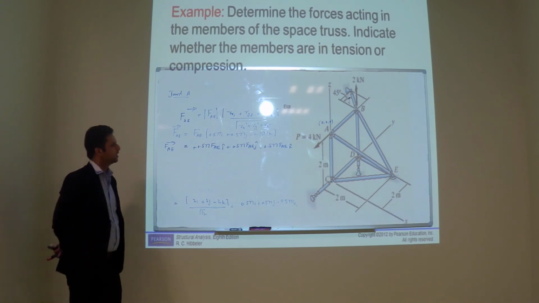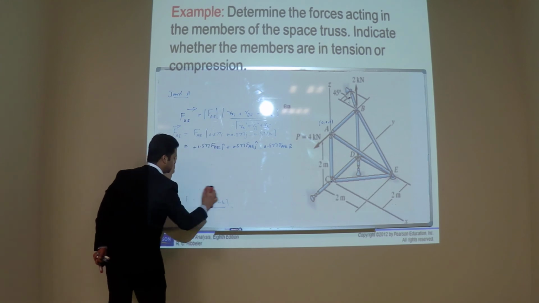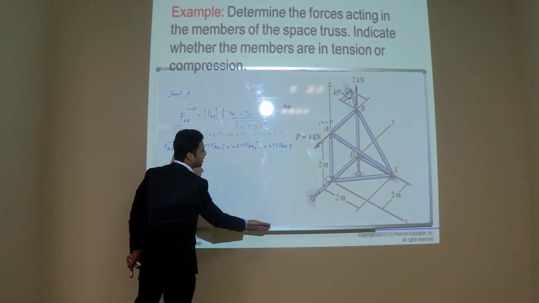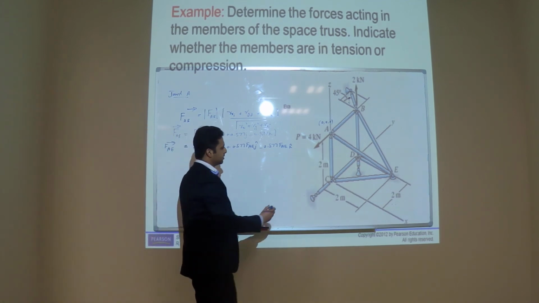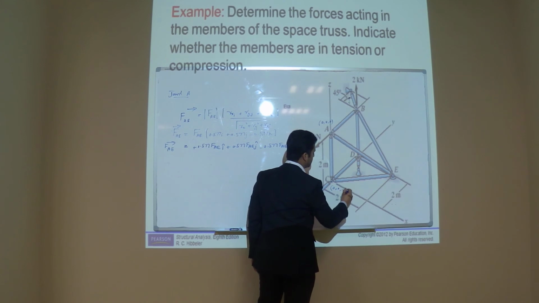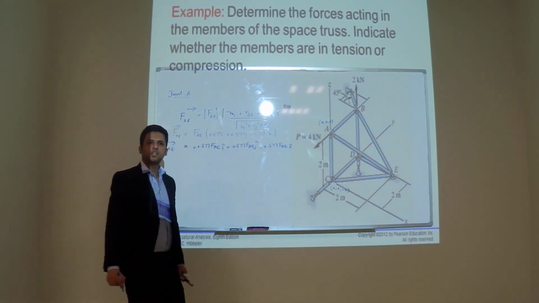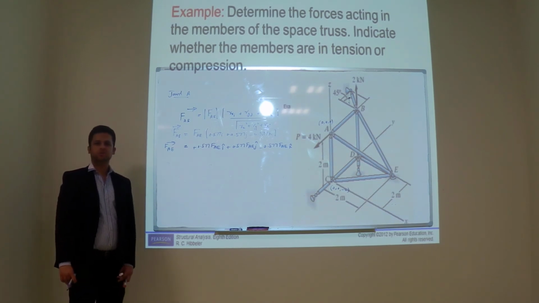Just minus 2k over the square root of 4, so 2. What are the coordinates of joint C? 0, 0, minus 2.